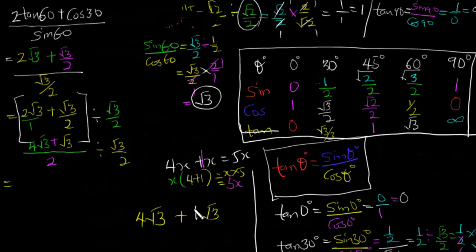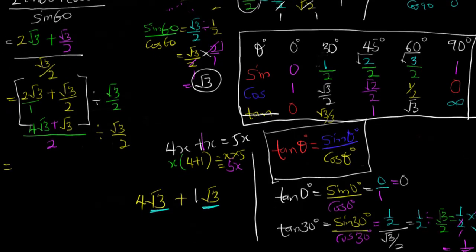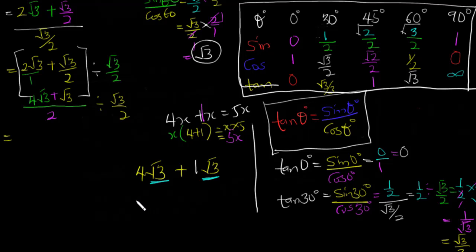So in the same vein, that is how you solve surds. Anytime that you have like terms, we have root 3 here and root 3 here. So what you have to do is to factorize out the common term. I'm going to bring out the root 3 here, so that in the brackets I'll be left with 4 plus 1, and when I add 4 to 1, I get 5.